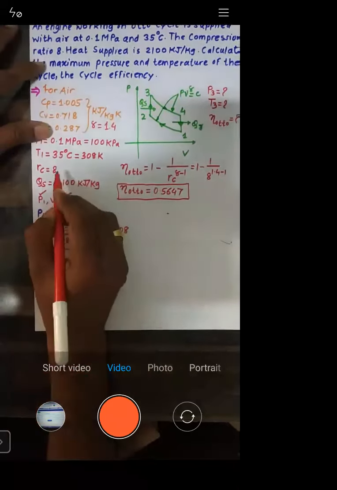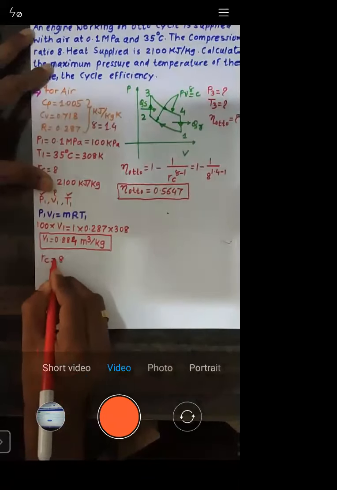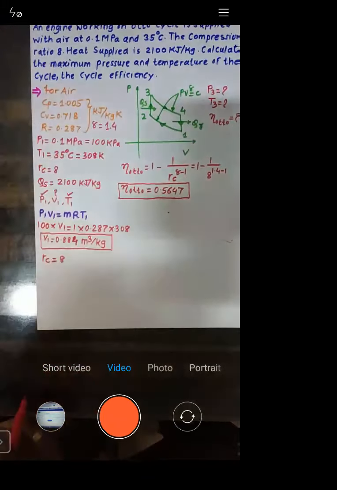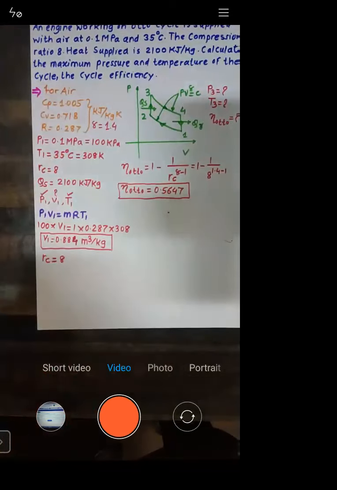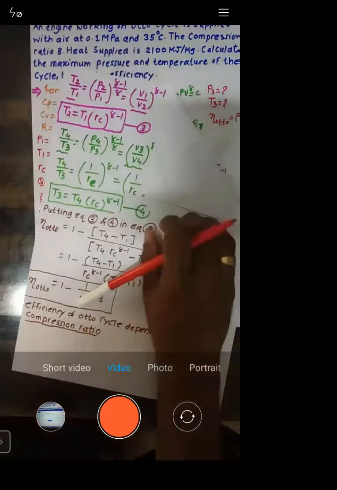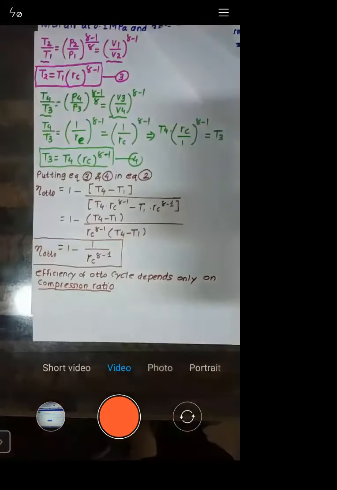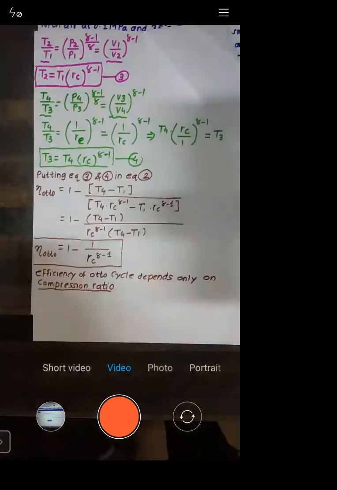Now, when we see RC, it is given as 8. If you refer to the expression for the Otto cycle, what is RC? Can anybody tell me? Compression ratio. What is compression ratio?